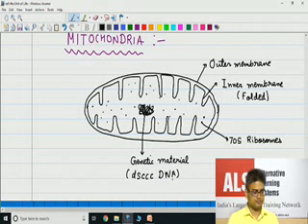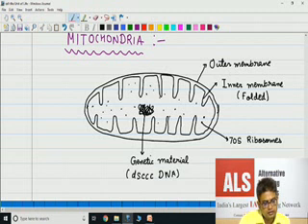It's DNA, right? Now there is one more interesting thing here. On the inner membrane, there are some small lollipop-like particles, and these are called oxysomes.